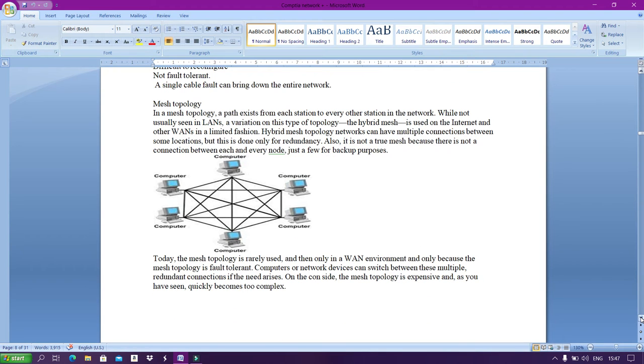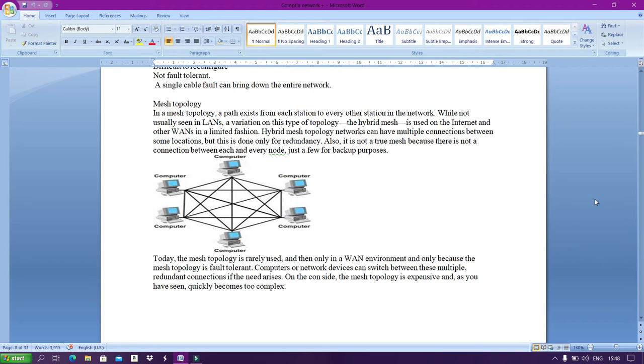Mesh topology. In a mesh topology network, a path exists from each station to every other station in the network. While not usually seen in LANs, a variation on this type of topology, the hybrid mesh, is used on the internet and other networks in a limited fashion.